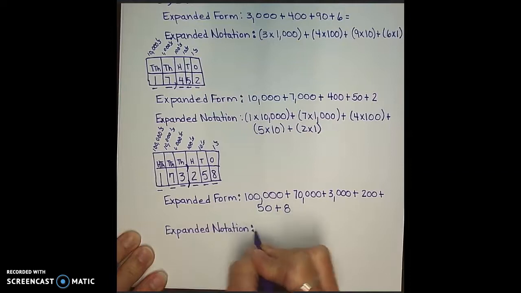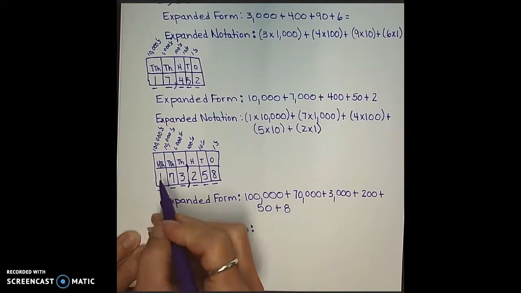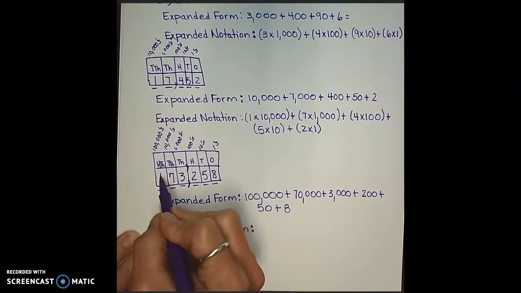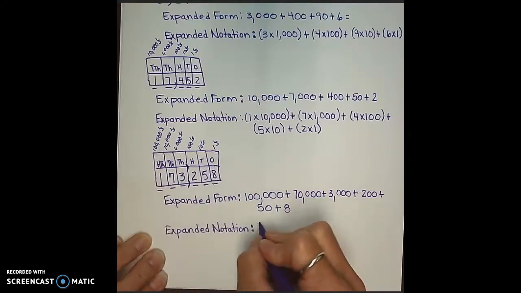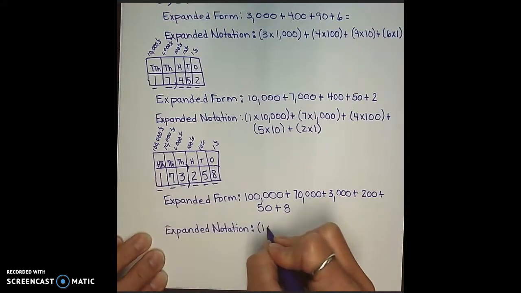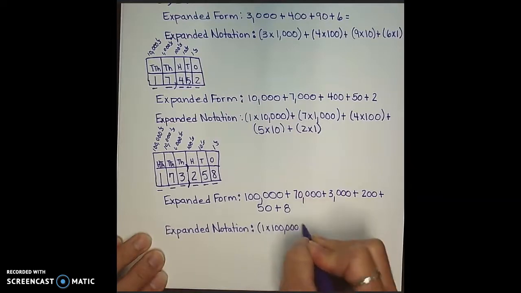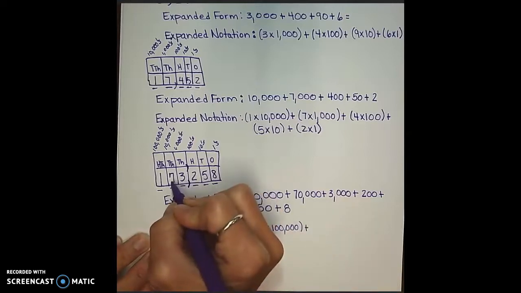Okay. I also start in the greatest place first. So I go to the 100,000s place, and that tells me I have one group of 100,000. So I have my parentheses, one group of 100,000, plus I move to my 10,000s place.